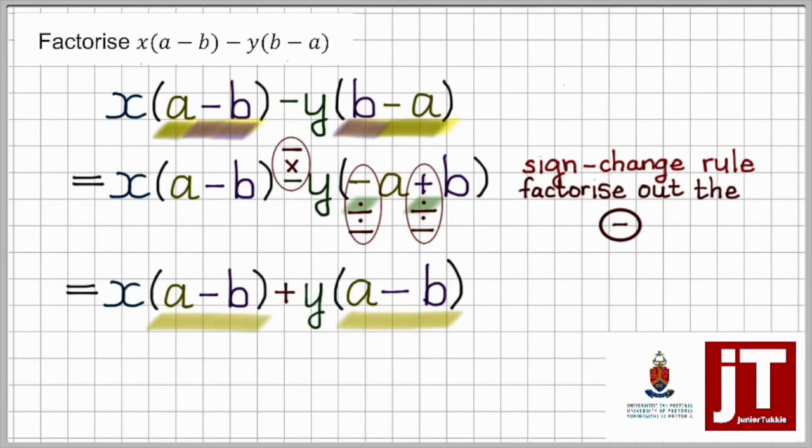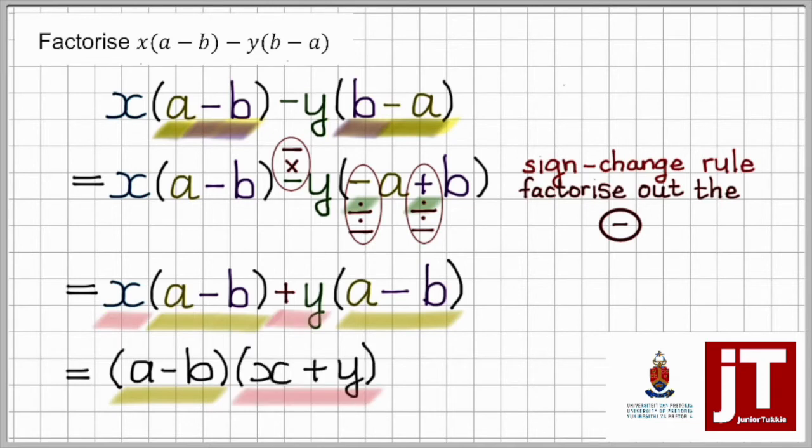Now you will notice that what's contained in the brackets is exactly the same. So we now have a highest common factor of (a minus b). And we then write the leftovers in our second bracket, that is (x plus y). And in writing this down, we have completed this problem and factorized successfully.